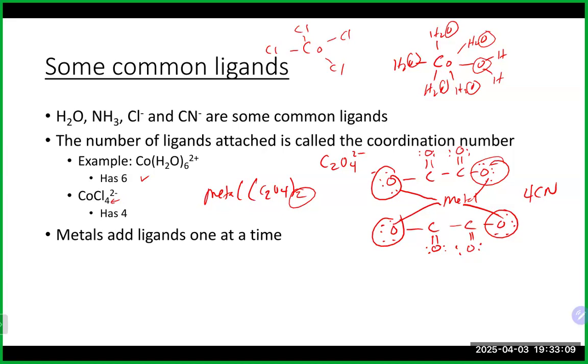So we'll go into more detail when we get into that chapter a little bit later on, but that's just a little preview. Metals, though, which is important to the calculation part, actually do add ligands one at a time.